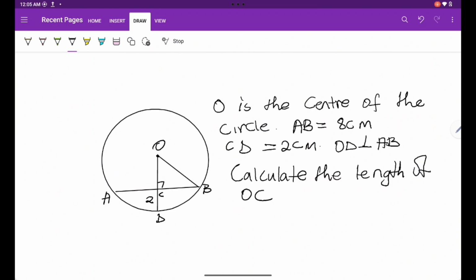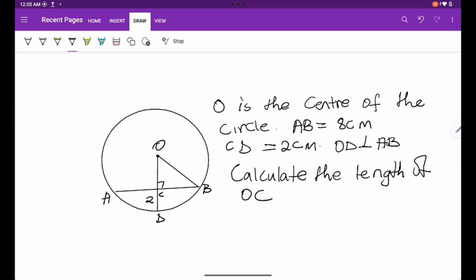Okay, let us look at this question that we have here. O is the center of the circle. AB equals 8 centimeters, so from A to B is 8 centimeters. CD, from C to D, is 2 centimeters.